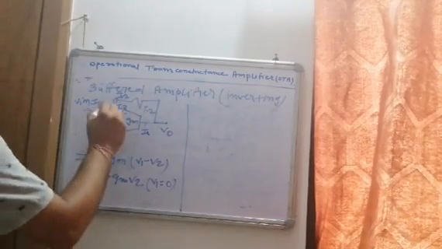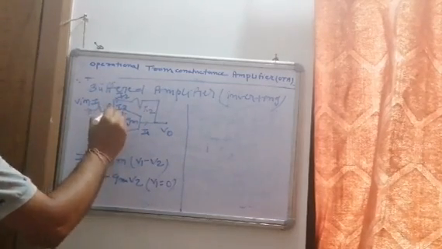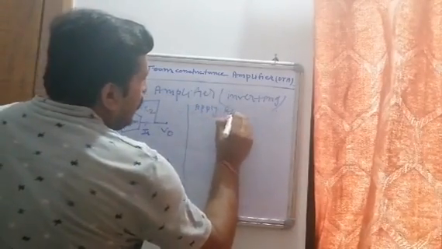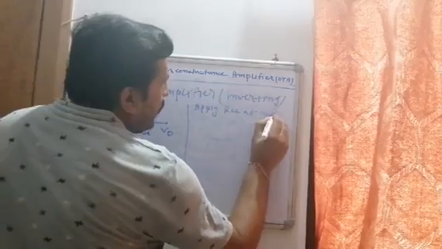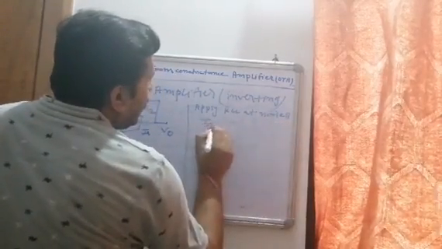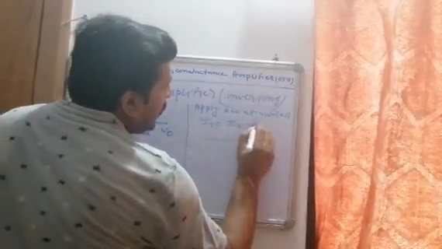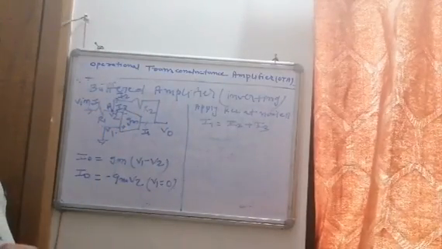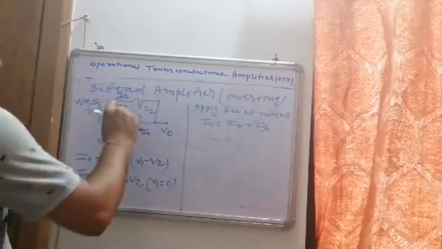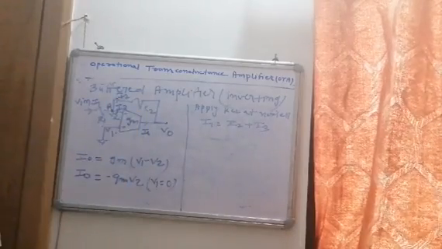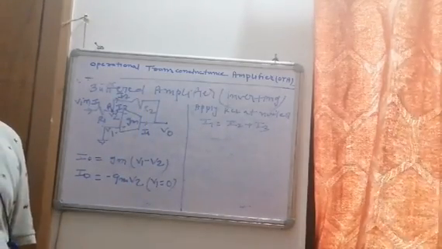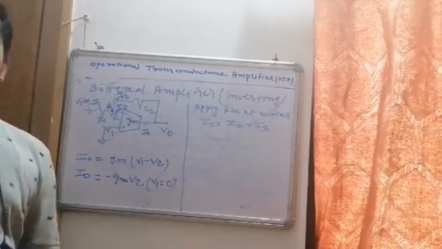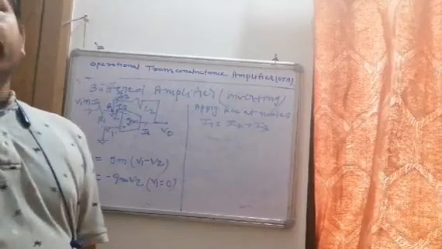Now we can apply KCL at node A. This is called node A. Incoming current I1 equal to outgoing current, that is I2 plus I3, and here I3 is 0 because these two pins behave like an open terminal, because input impedance of OTA is infinite.